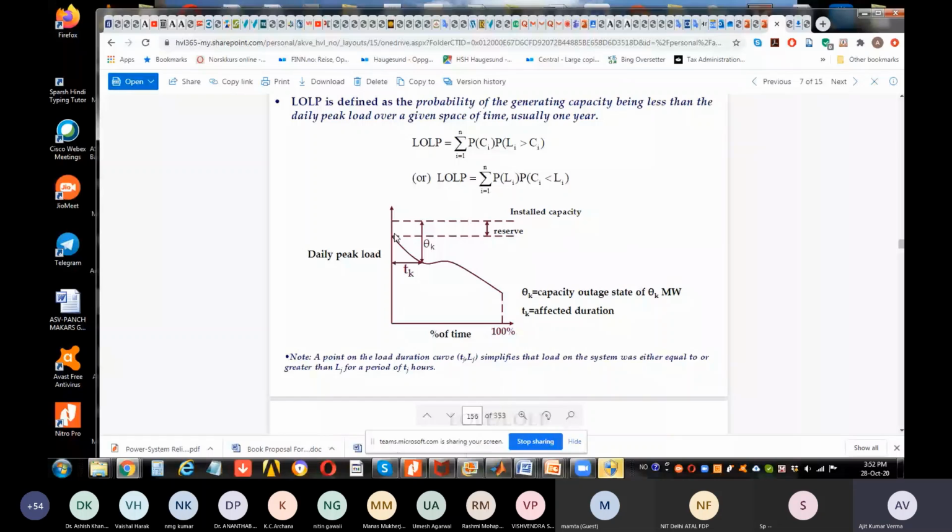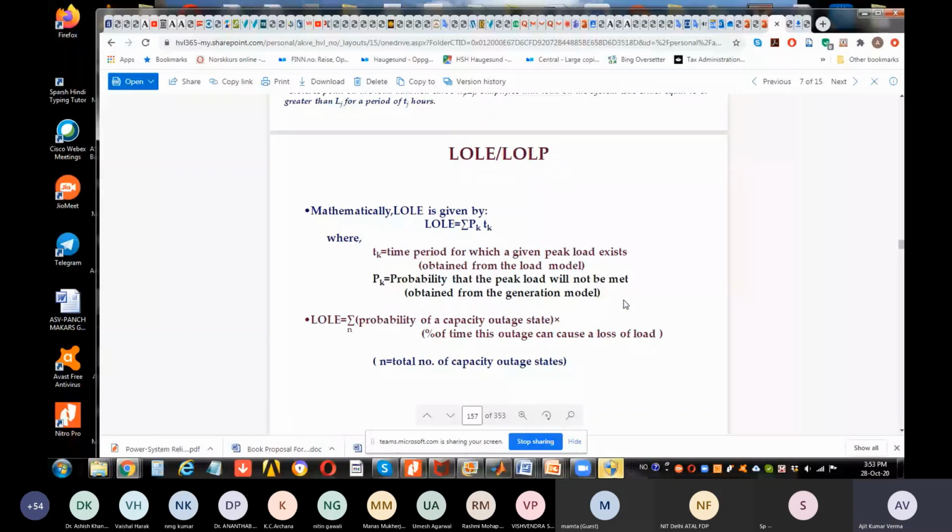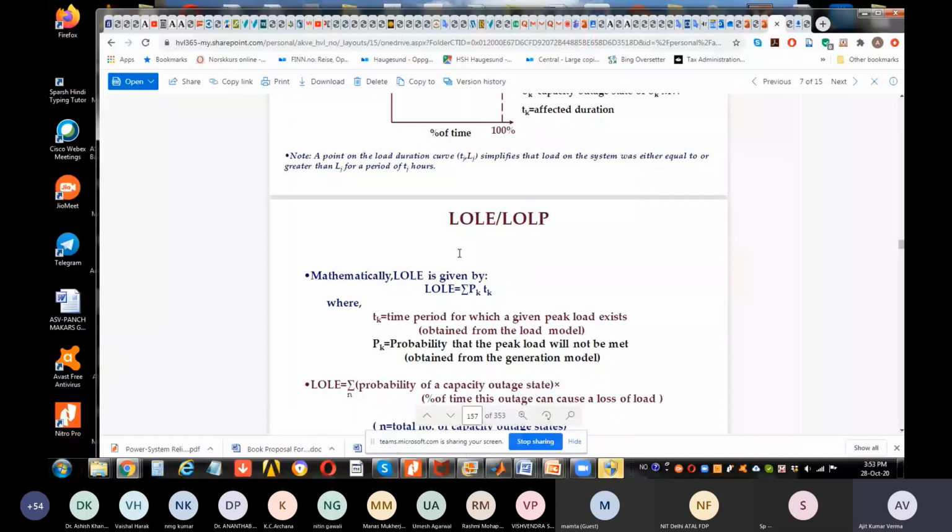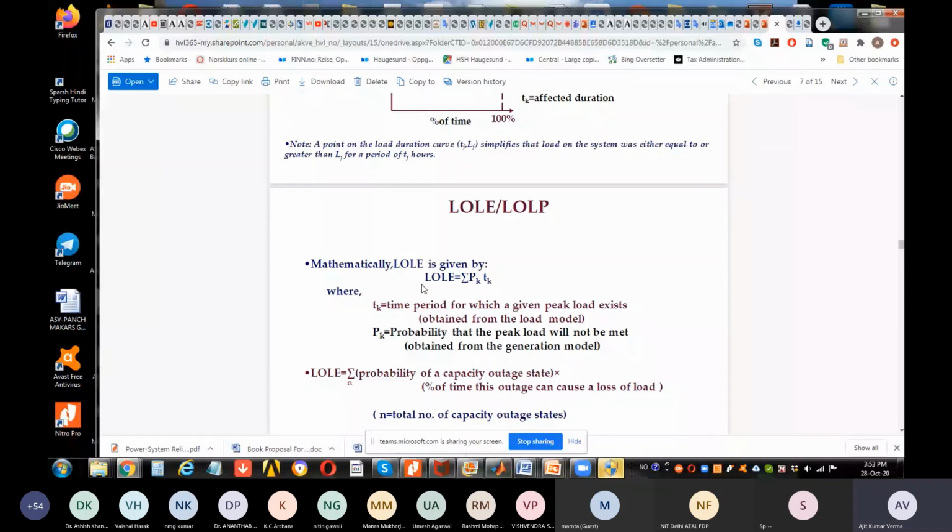So if this is the installed capacity and this is the capacity outage state, that means you are going to lose this much of load, which will exist over a certain percentage of time, the affected duration. Mathematically, we say that the loss of load expectation is the sum of the PK.